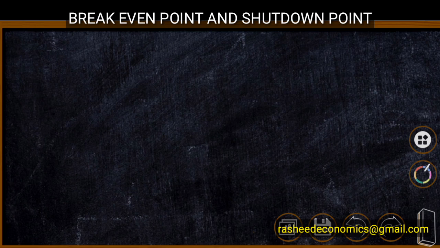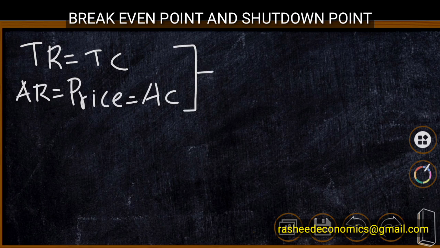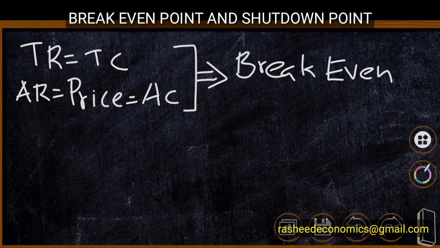Let us conclude this analysis. Suppose TR is equal to TC, or average revenue, that is the price of the product, is equal to average cost, then the firm is in break even condition. That means the firm is earning normal profit.